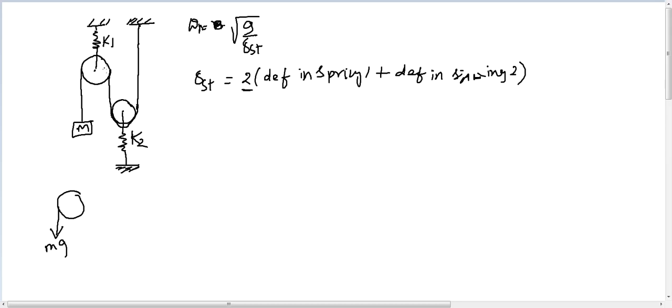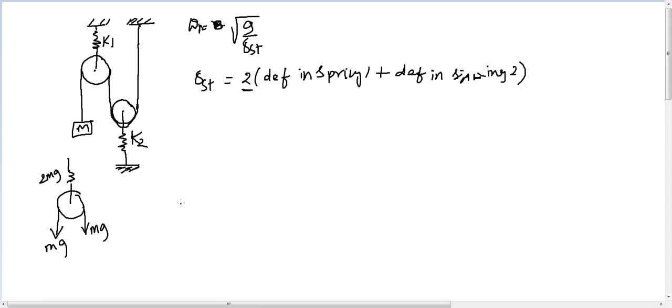This entirely is the single string, right? So here also mg is acting like this in the string, and here we have the spring. So the total force in the spring must be mg plus mg, 2mg.